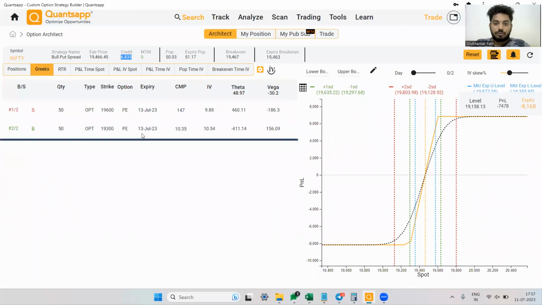So if you go through the Greeks, you are receiving theta of around 50 rupees. This strategy will give you more theta decay as you head closer towards the expiry. So debit spreads, when you are a little bit far away from the expiry, would do good because the theta will not be decaying very fast. Credit spreads will do good when we are closer to the expiry, because the theta is decaying faster.